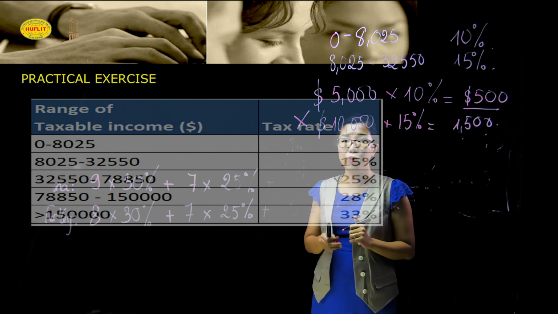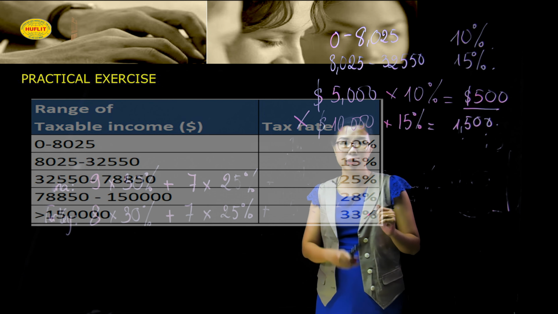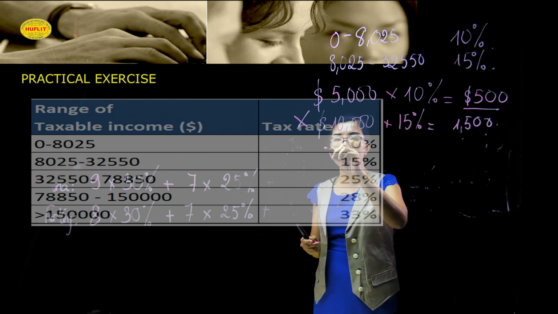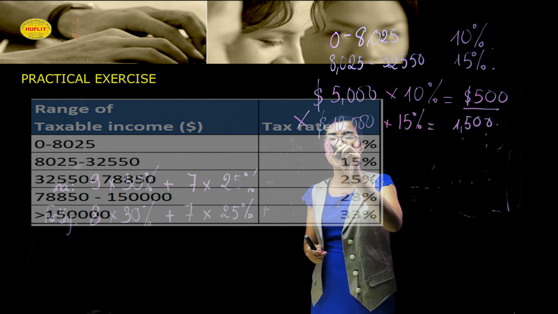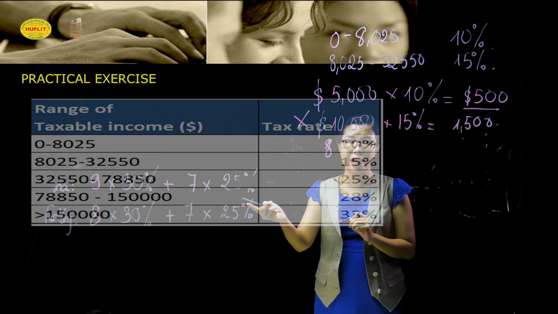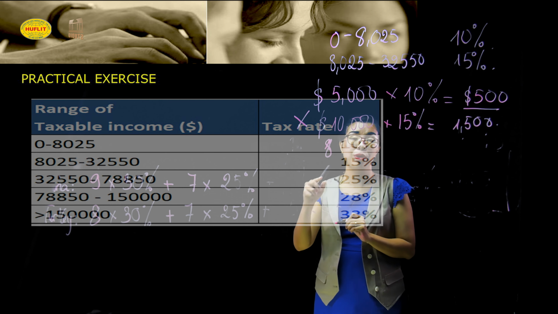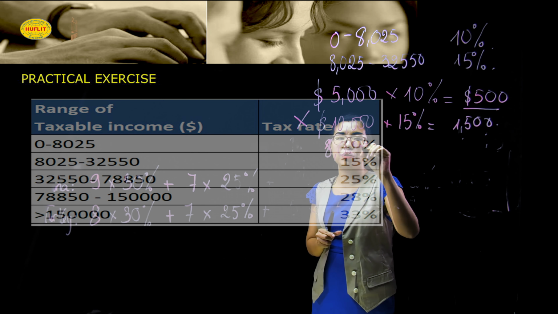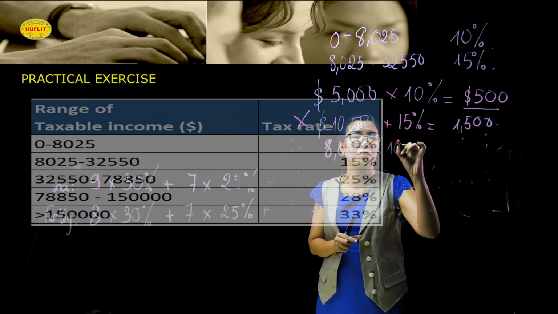Now we check it out. We need to pay for the first bracket, which just means that we pay the maximum of the first bracket, because $10,000 is more than $8,025. So we pay $8,025 times 10%.